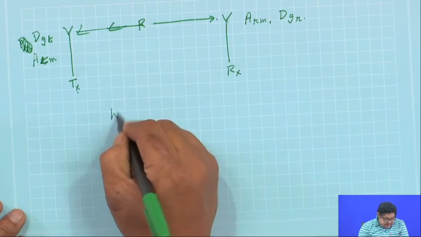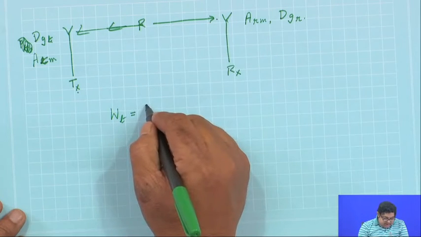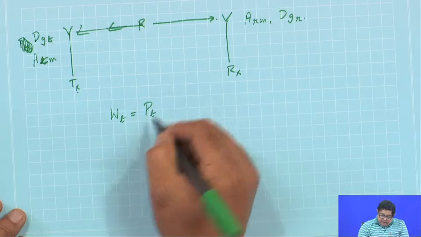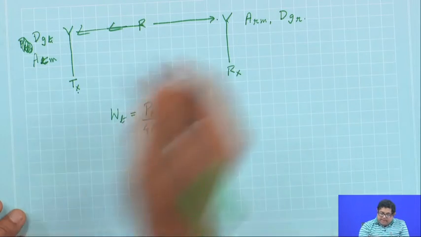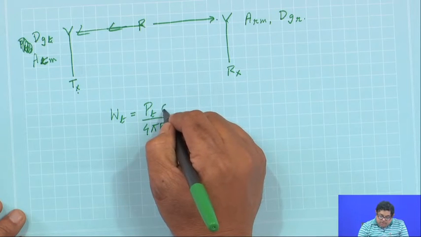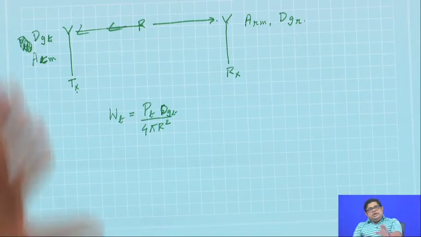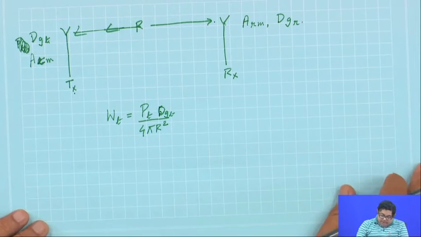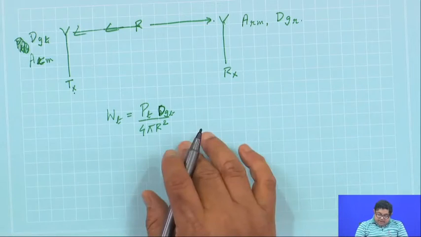Can I say that WT here will be PT by 4 pi r square, because this is a far field spherical wave, into DGT. We are assuming not gain, we are saying directivity. Okay. That means lossless antenna and efficiency 1.